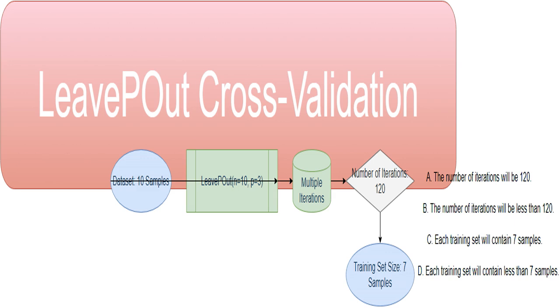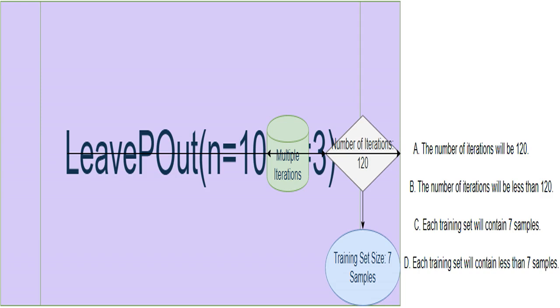Here, I am specifically using scikit-learn's LeavePOut function. N equals 10 means I have 10 data points in total. P equals 3 means in each iteration, I leave out 3 data points for testing.